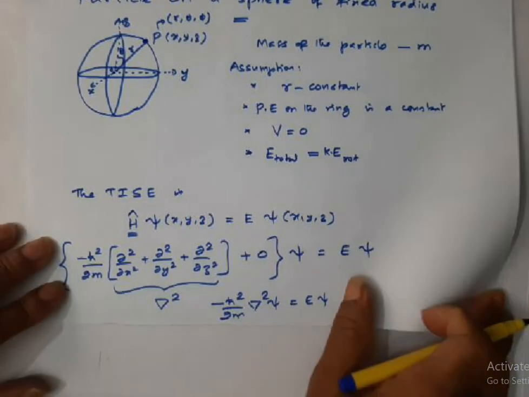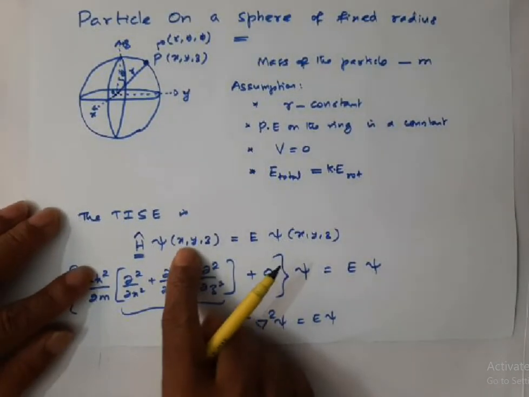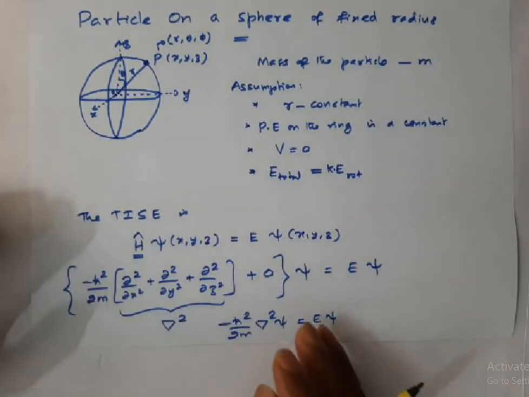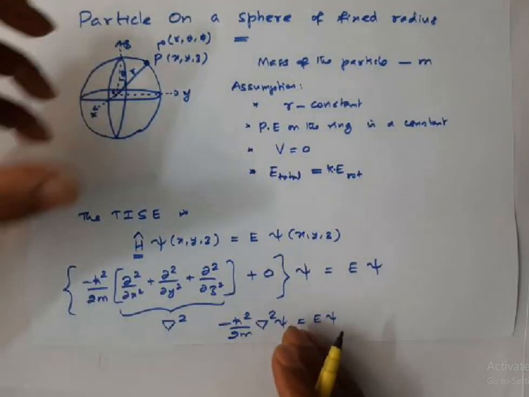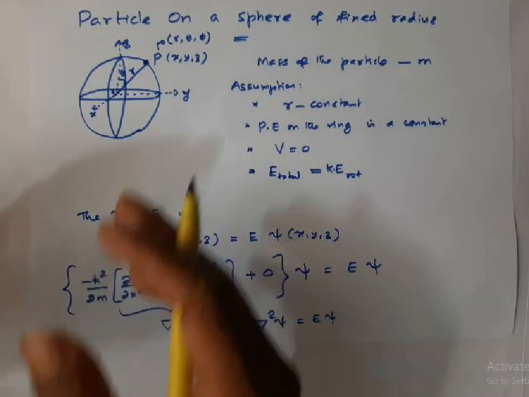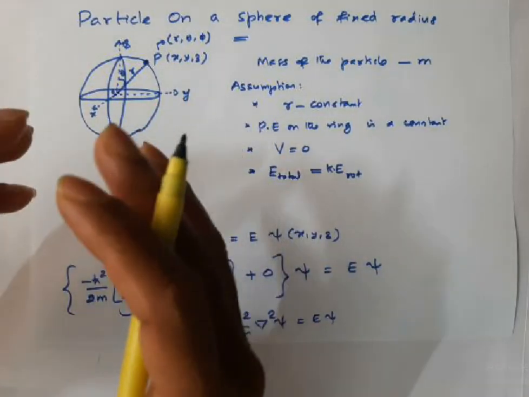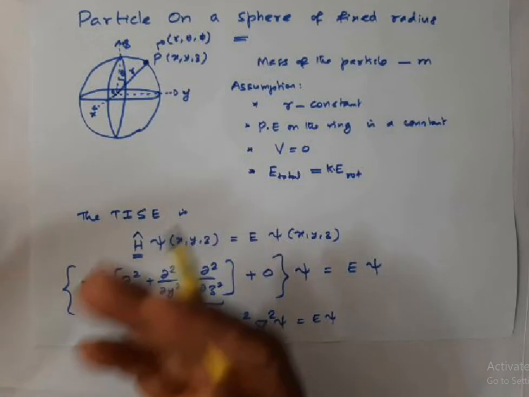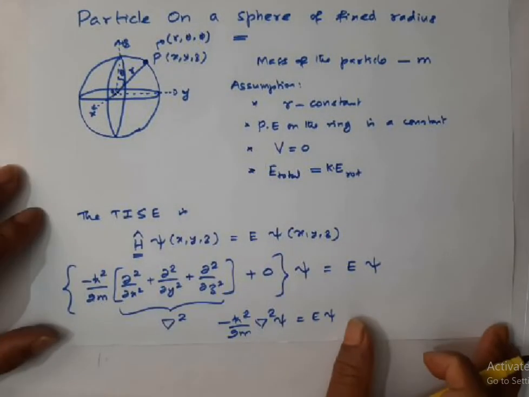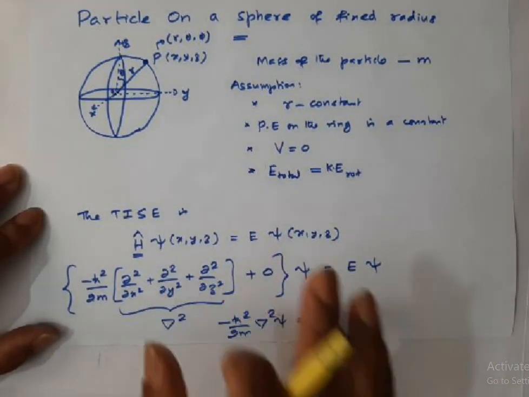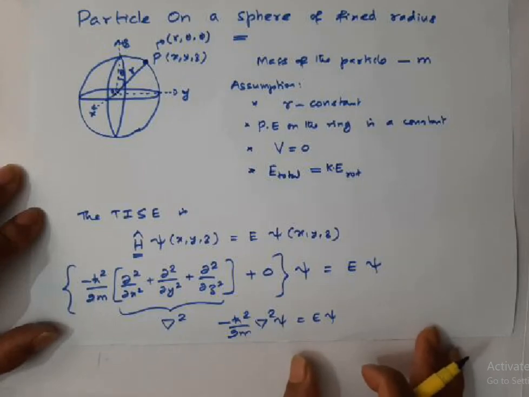Solving this equation is difficult because the wave function depends on three coordinates. But I have a spherical symmetry here. I told you in the last lecture that whenever circular or spherical symmetry is present, use spherical polar coordinates in place of Cartesian coordinates.